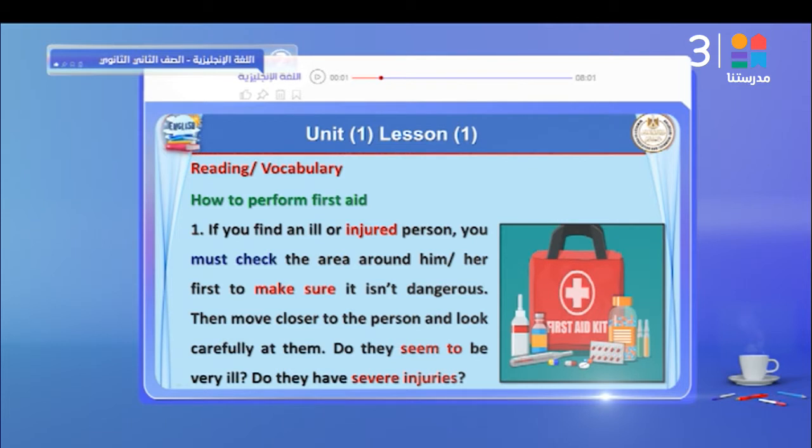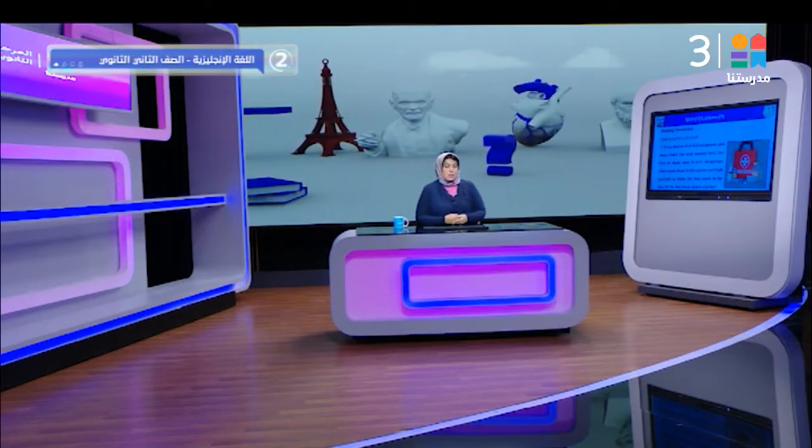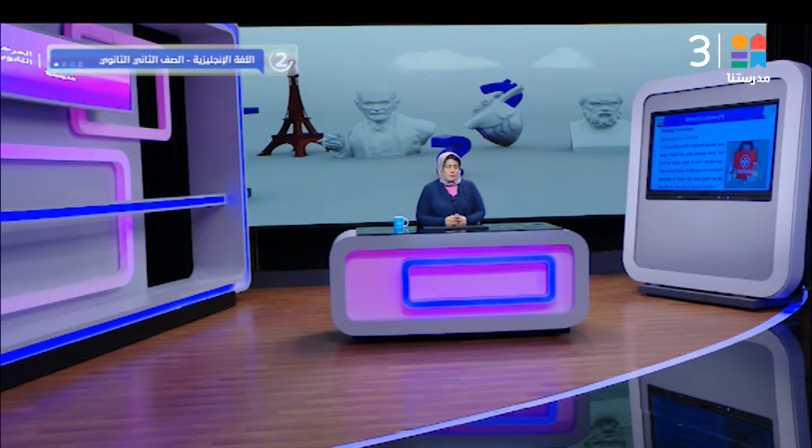Okay, it starts with a situation. If you find an ill or injured person, a sick person, or injured, maybe he's wounded for a reason. If I find a person like this, you must check the area around them, the place the person is in.